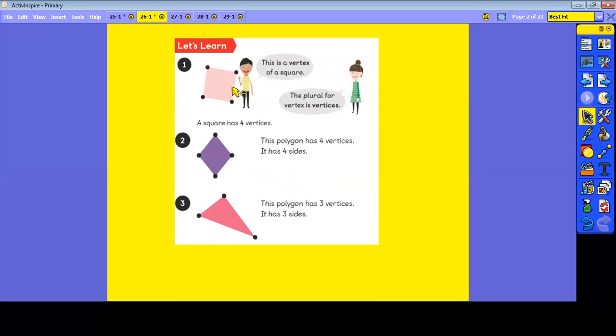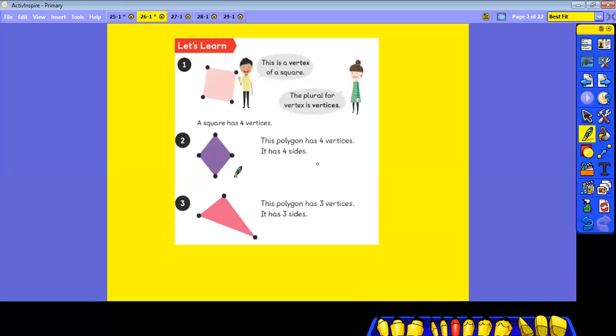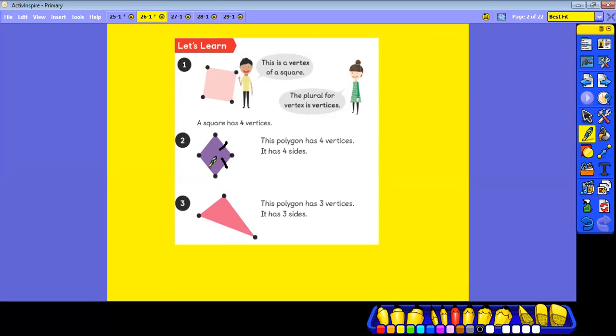In Let's Learn, we're reminded that a square has 4 vertices. 1, 2, 3, 4. And then we're shown a polygon that has 4 vertices. 1, 2, 3, 4. And also 4 sides. Remember we can mark those sides off. 1, 2, 3, 4.